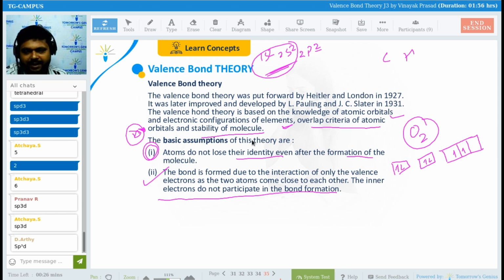But what will happen? There will be excitation of this carbon, and one electron from 2s will jump to 2p. So now, how many electrons will be there? You can see here, 3 of this, and if you make the new diagram, it will be like this, and 3 will be from p.